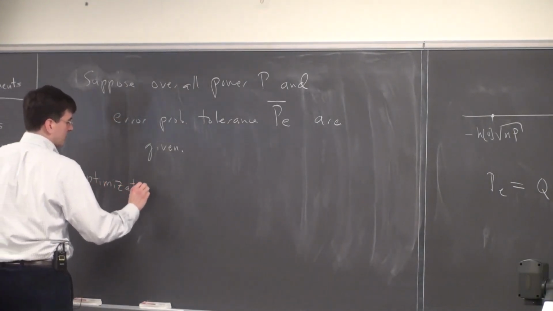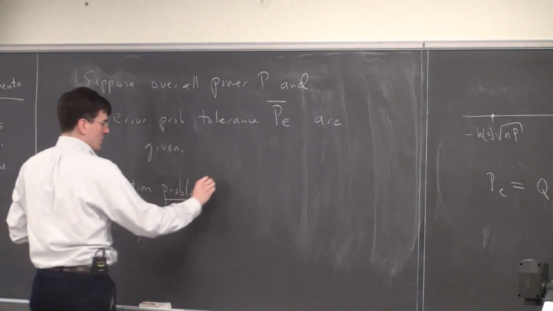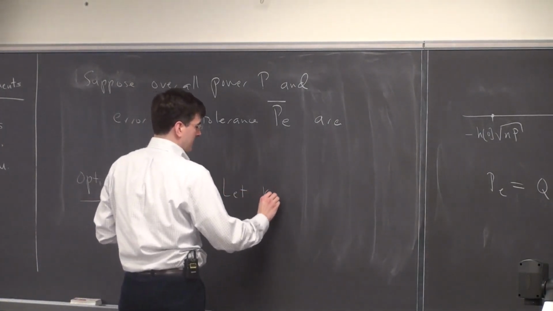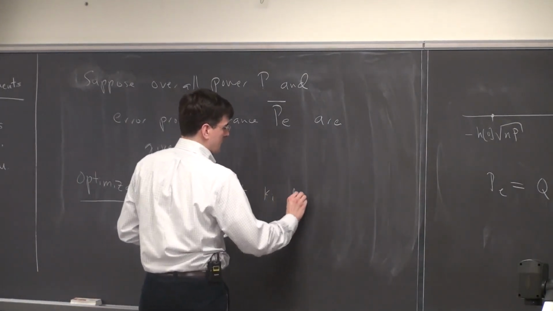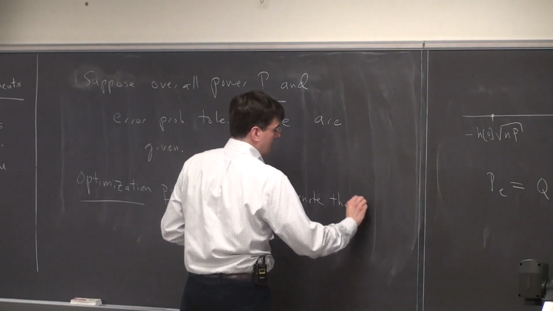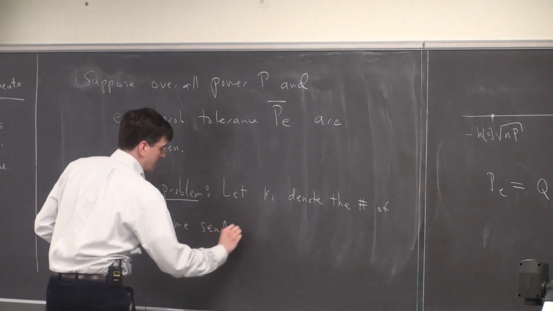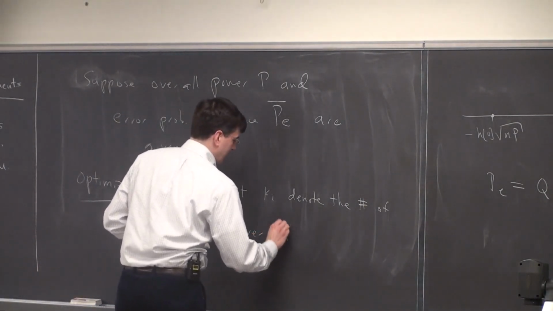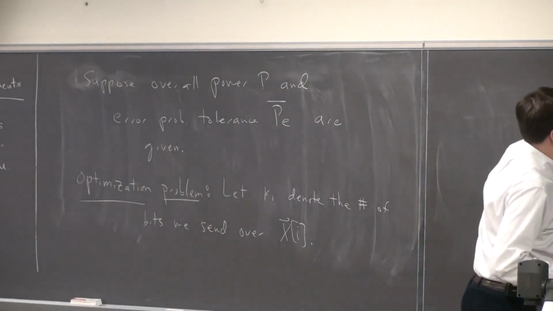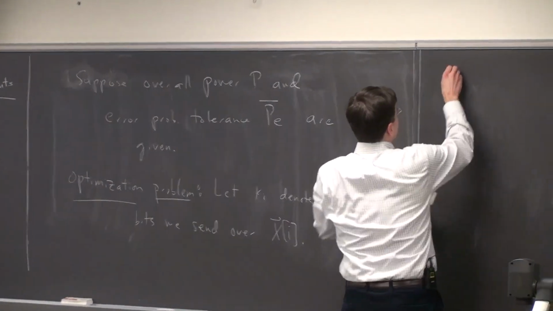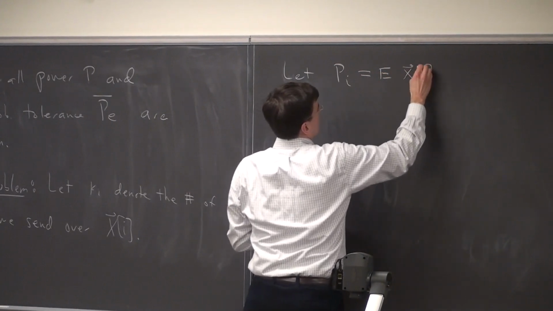So here's the optimization problem. Let Ki denote the number of bits we send over the ith sample, and let P sub i be the amount of power we're using over the ith sample.